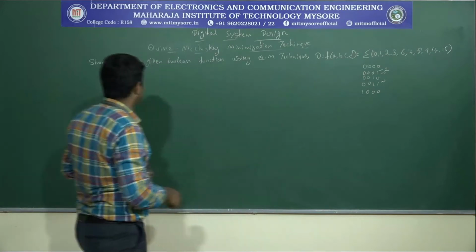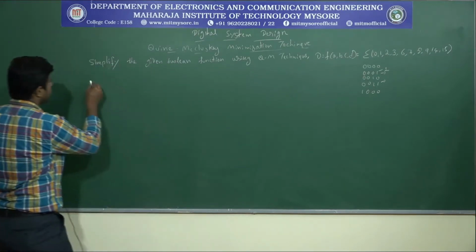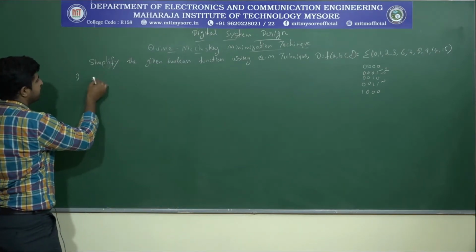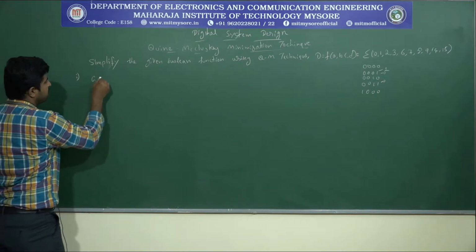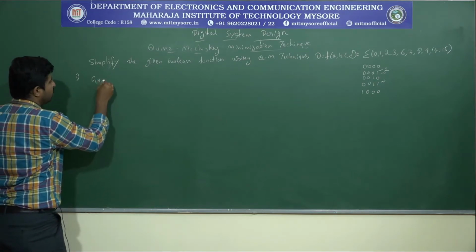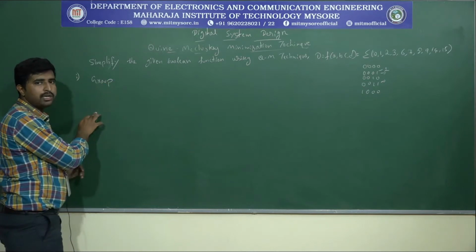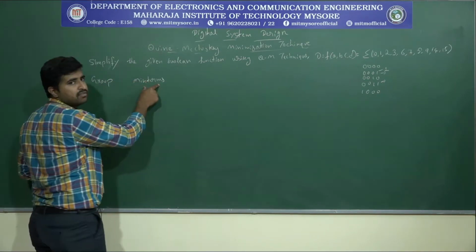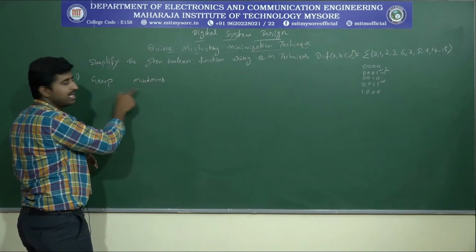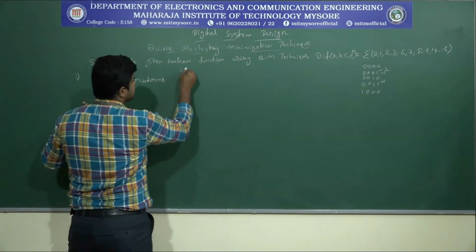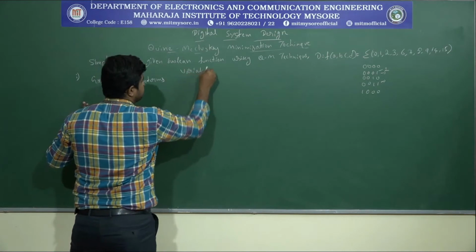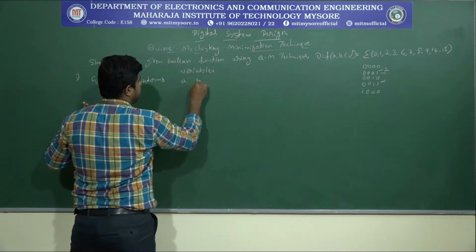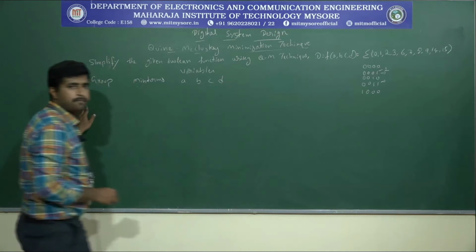Okay, so let's create a table. The first step is creating a table, which contains the group corresponding to the number of logical ones, and all the minterms which come under that group. Next are the variables, and the variables are a, b, c, d.